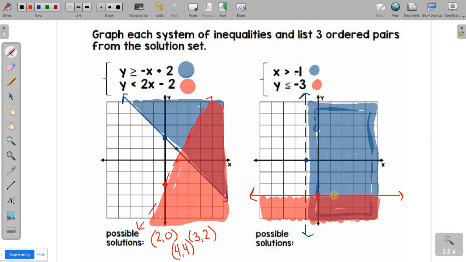We have 2, 0, because it's on a solid line. We have 0, -3. And then we go over, 4, 4 is also a solution. These are just possible. There's many more.